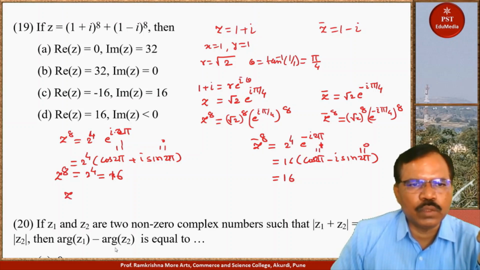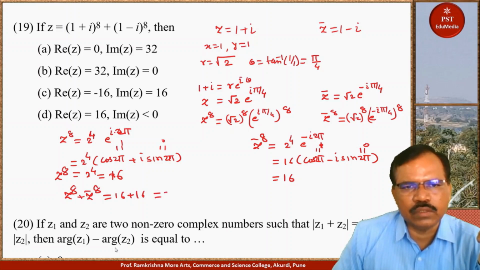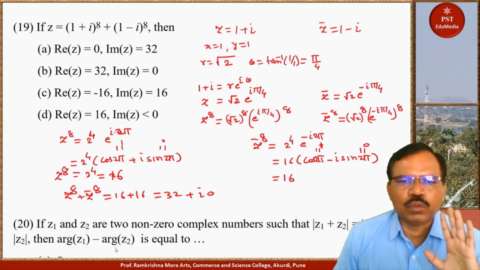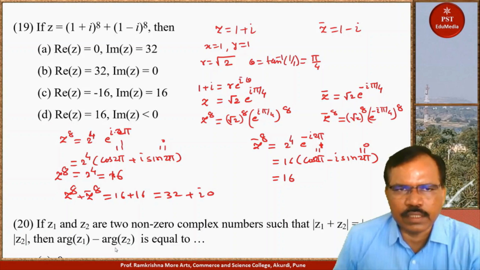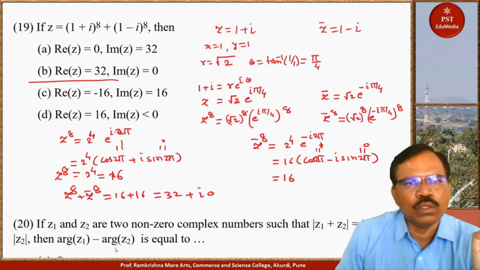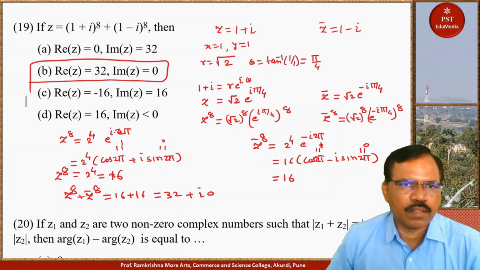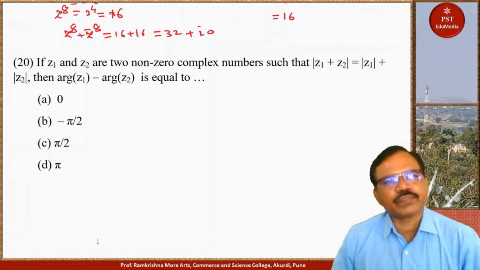So z raised to 8 plus z bar raised to 8 is equal to 16 plus 16, which is 32. I can write 32 plus 0i. So the real part is positive, that is 32, and the imaginary part is 0. So this option B is correct. Now the next one.